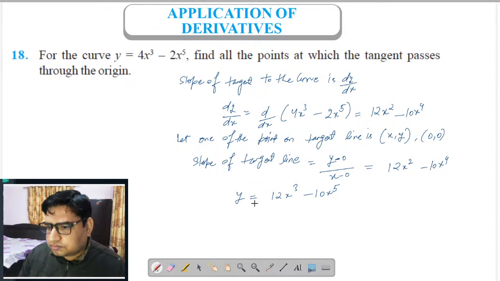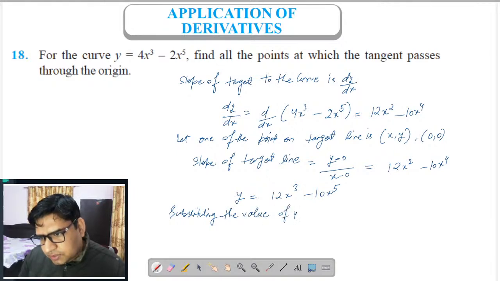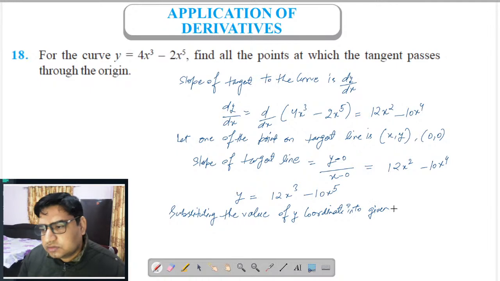So substituting the value of the y coordinate into the given curve, which is y is equal to 4x cube minus 2x power 5.